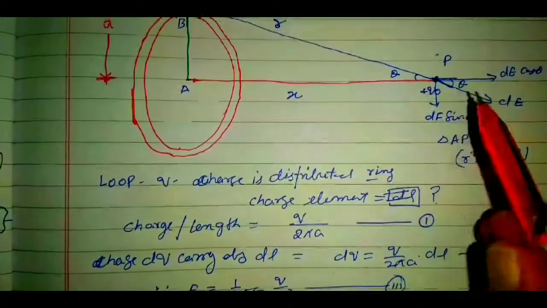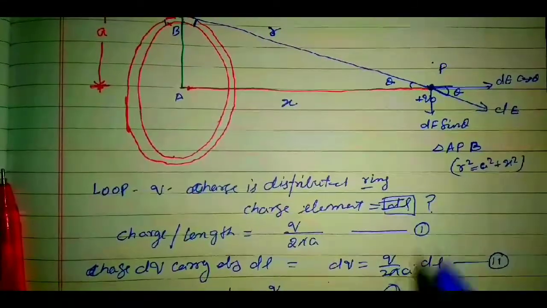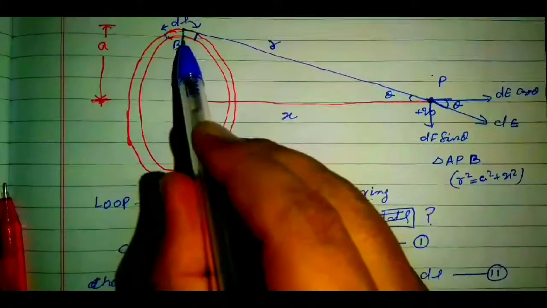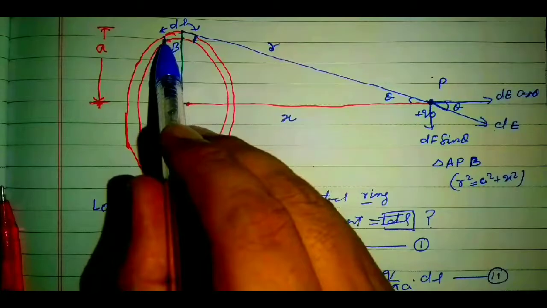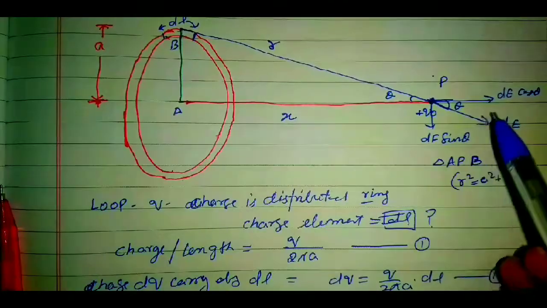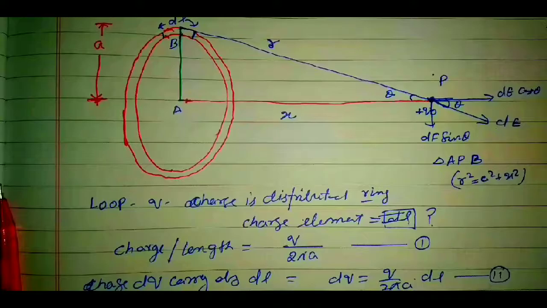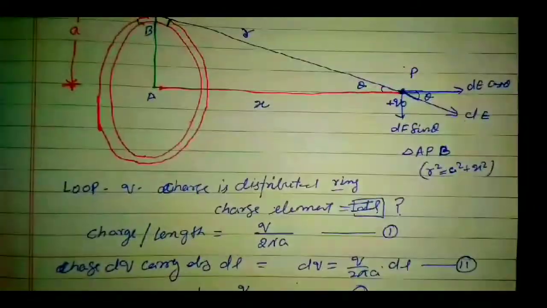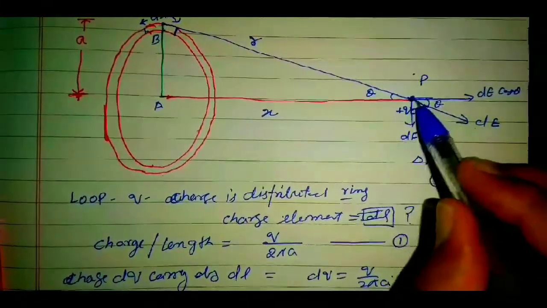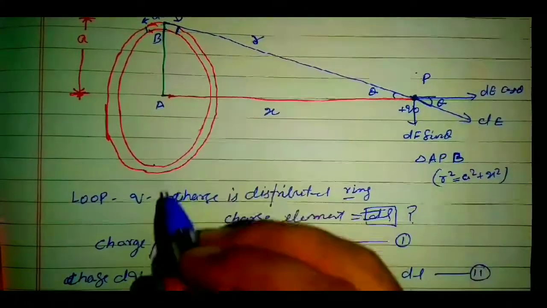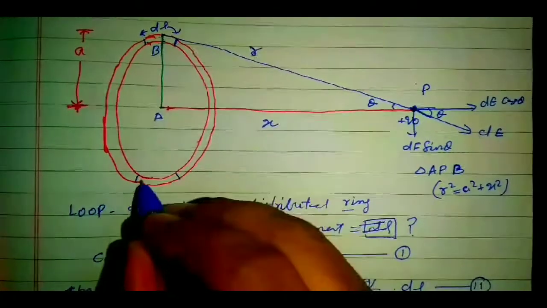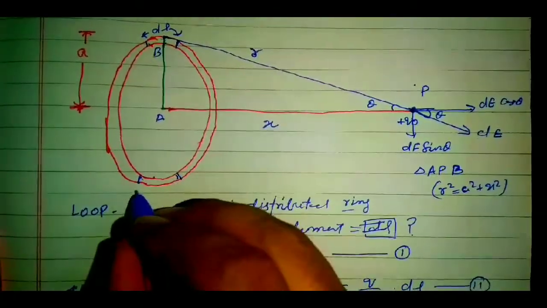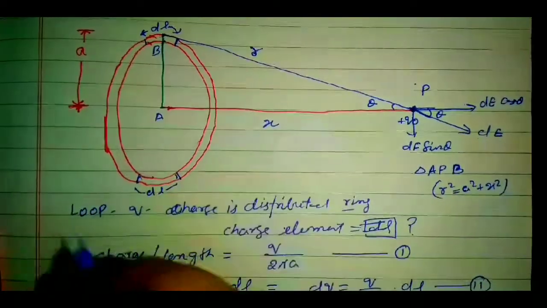Now focus on the diagram. Here, see very carefully, we have calculated the electric field at point P due to the charge element dl here only, and it is dE given by equation 4, and its components are represented here. When we see the just opposite current element in this diagram, it is also dl.